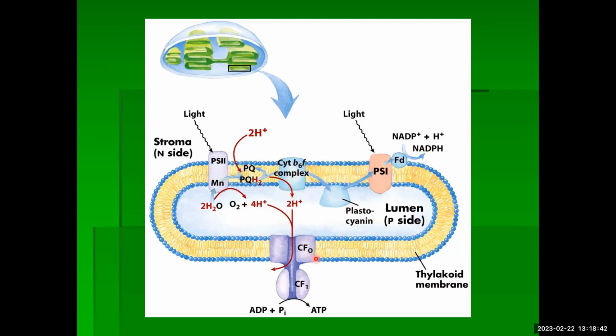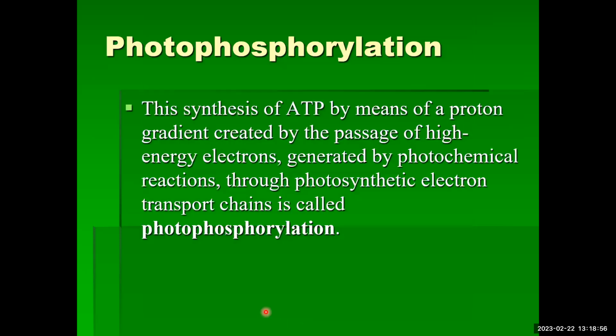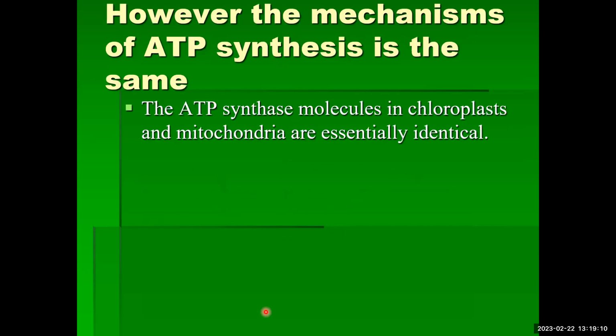Those protons will be returned to the stroma via an ATP synthase. The structure of ATP synthases in plants resembles greatly those in animals, and those genes seem to be orthologous. And this ATP synthesis via light-mediated electron transport is called photophosphorylation.